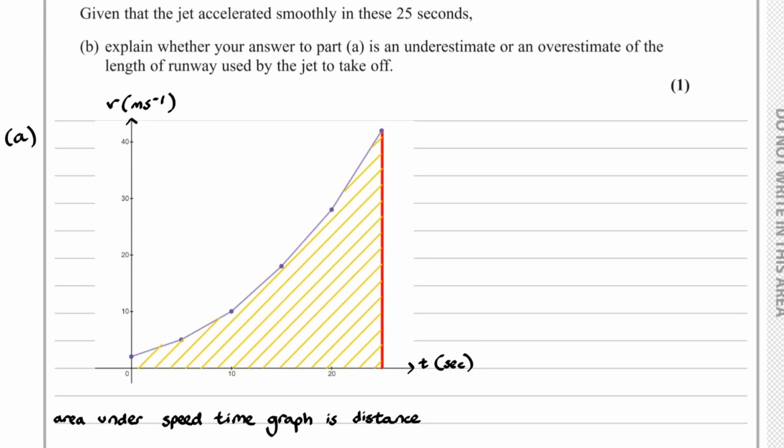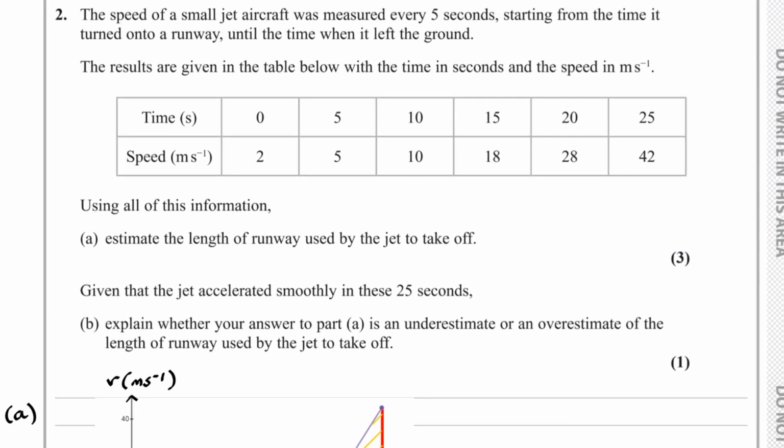Now these values are over here: y0, y1, y2, y3, y4, and y5.